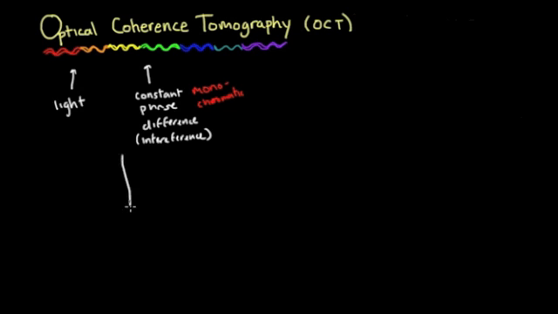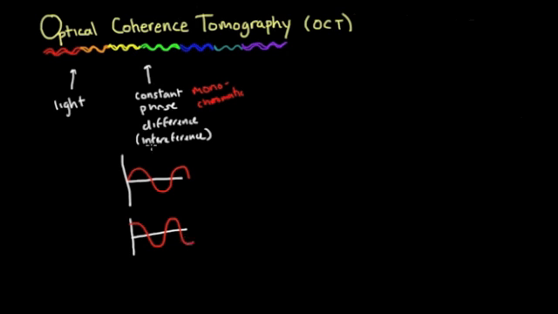So to do so, I'm going to just draw a couple of waves here. These are both going to be red light. And here, also going to have red light.